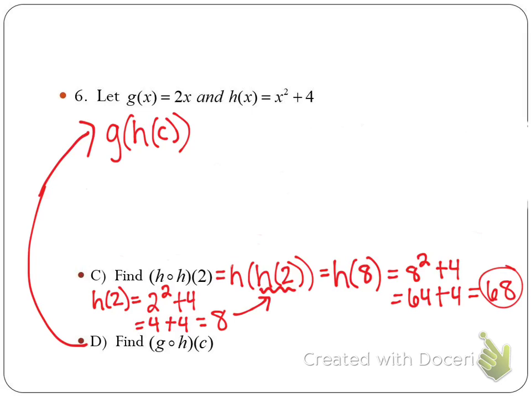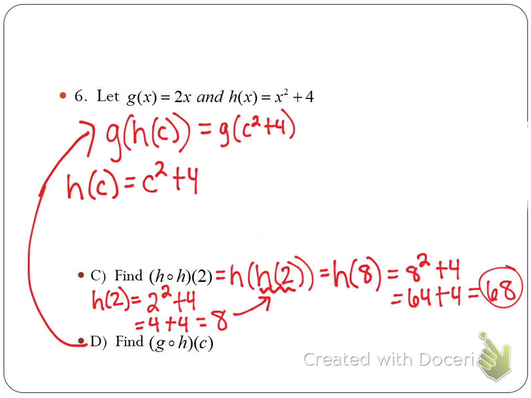So let's rewrite the H function using a C. We have C squared plus 4. So instead of taking G of H of C, I'm taking G of C squared plus 4. So now instead of just replacing with a number, we have an expression.